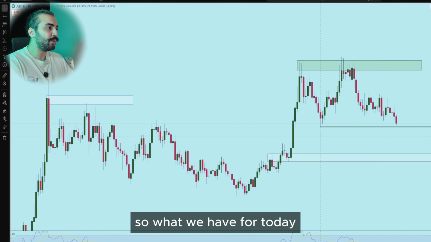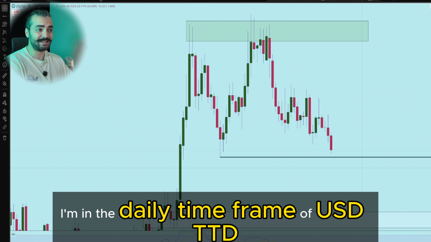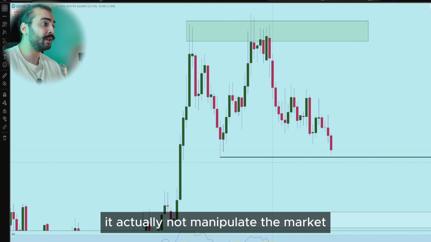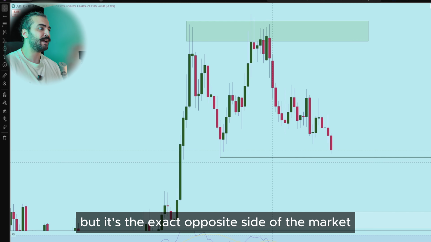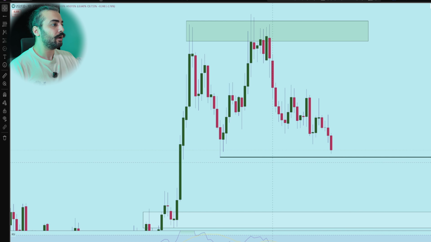All right, so what we have for today, I'm in the daily time frame of USDT. USDT, as you know, doesn't actually manipulate the market, but it's the exact opposite side of the market. So if the USDT goes down, the market goes up.